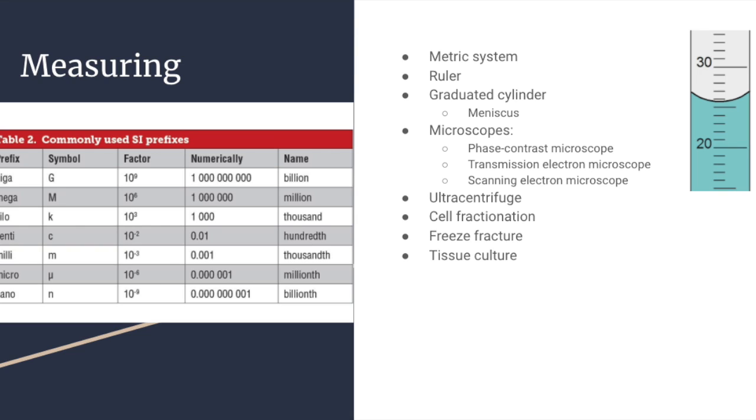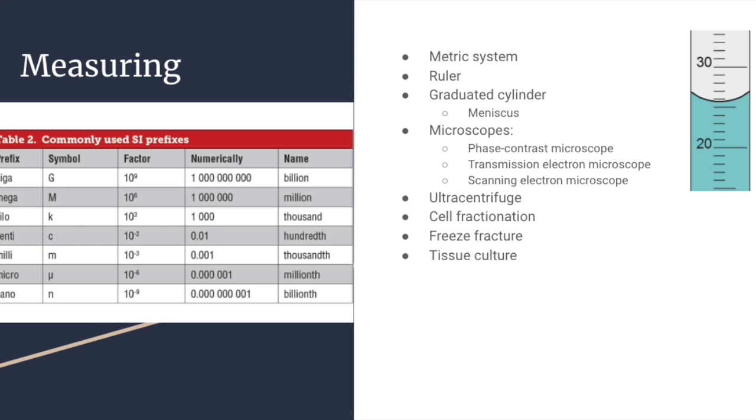Another way we measure is using a graduated cylinder, and there is a meniscus, and you want to read the bottom of the meniscus, so it's like a little semicircle, and you want to read the bottom of that. That will be your measurement.